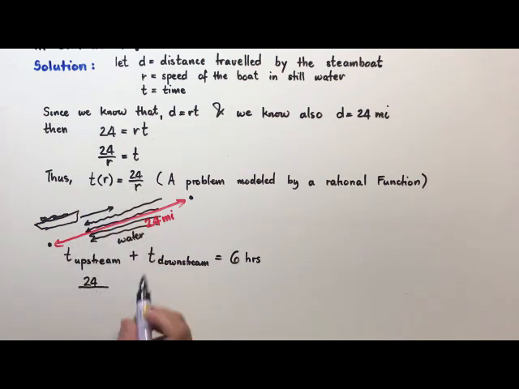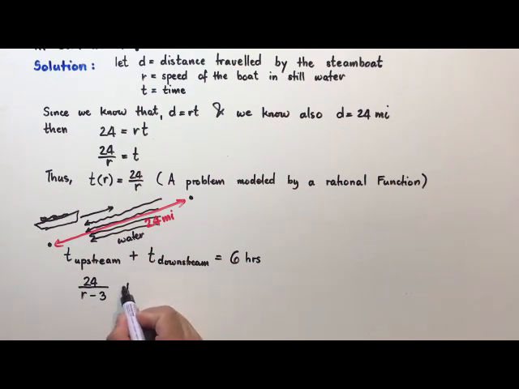24 divided by your rate. But your rate in still water will be mitigated because of the current of the water, which is against your direction, and the water is flowing according to the problem at 3 miles per hour. So your speed will be mitigated by the current of the water. So mathematically, you will subtract 3 miles per hour.